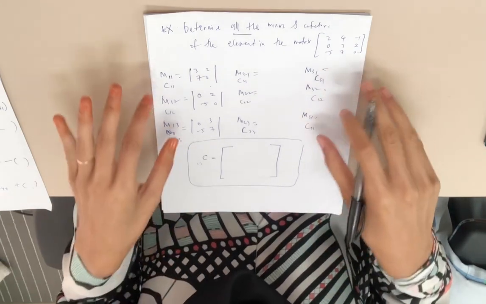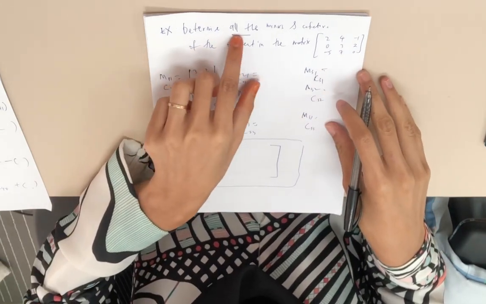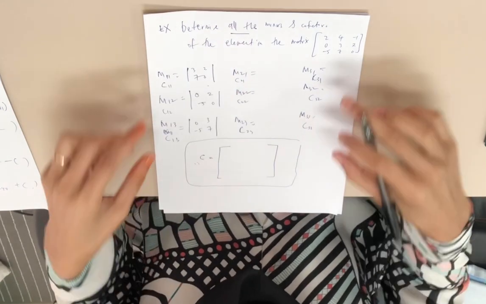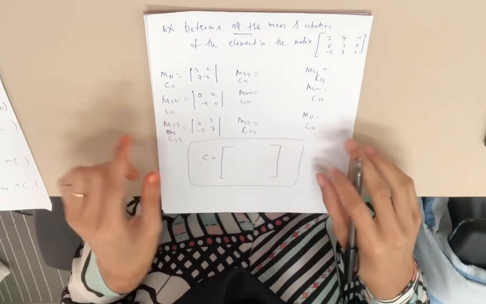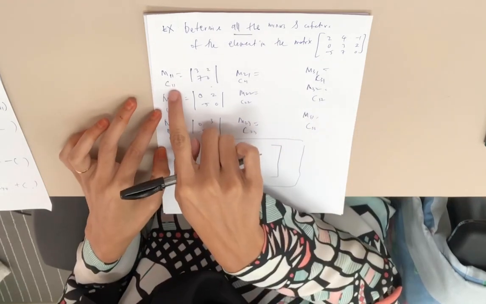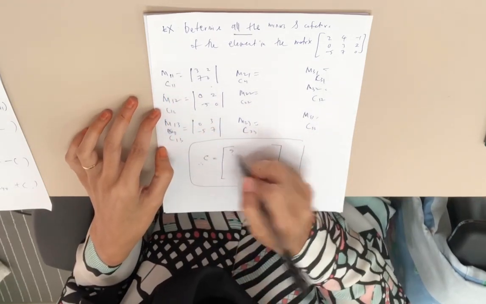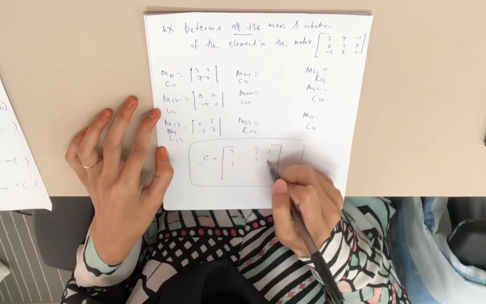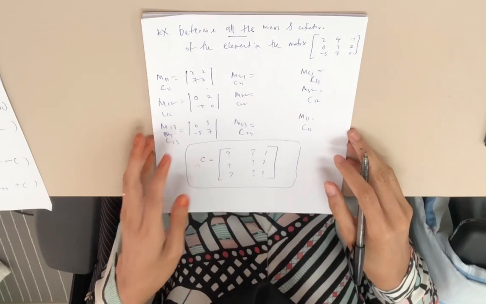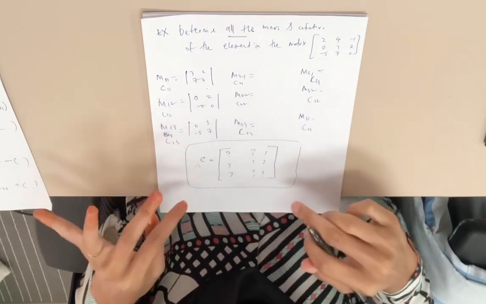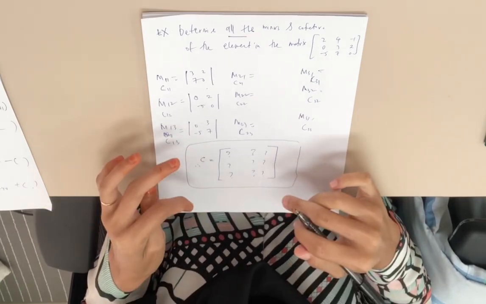For this example, where the question asks you to find all, after you get all the values of C, you make them into a matrix according to the row and column. You know they have 9 elements, so there should be 9 elements. So this is what we call the matrix C or cofactor matrix.